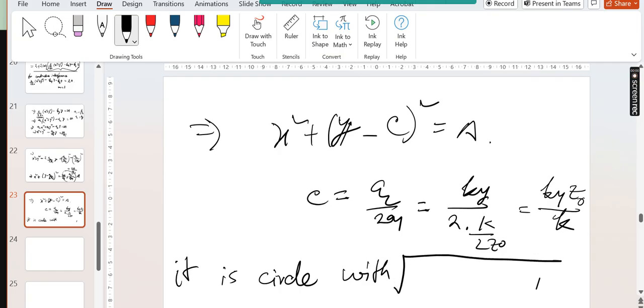So that will give us 4 pi z naught by k plus k y square z naught square by 4k square.